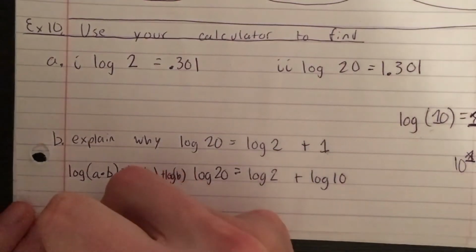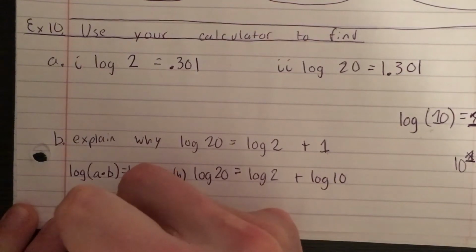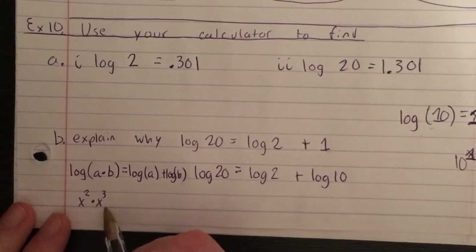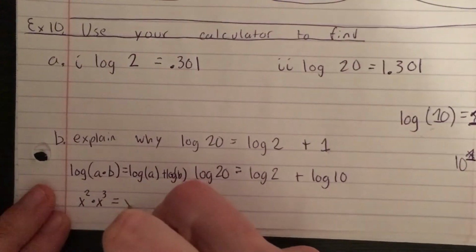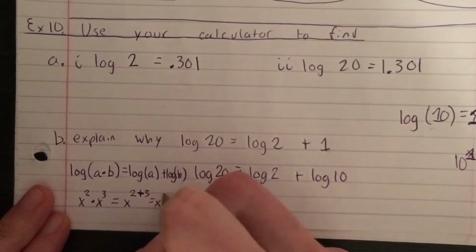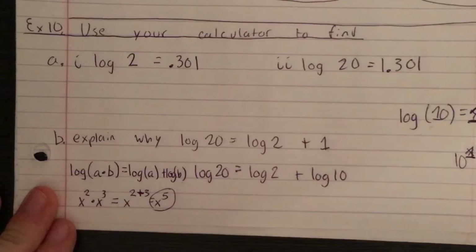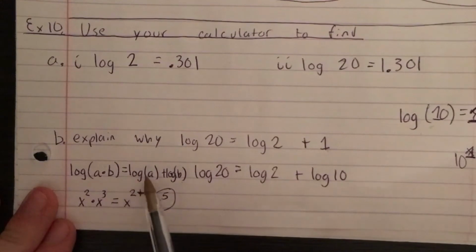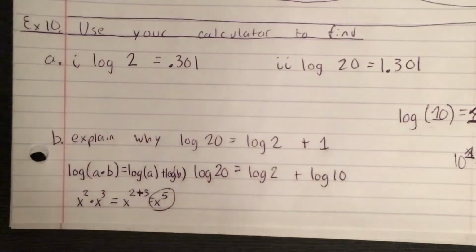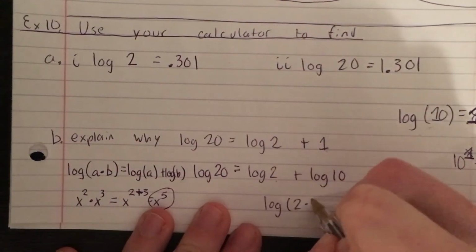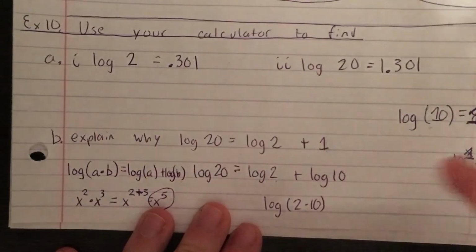Like if you think about x squared times x cubed, the way you simplify this is you rewrite the multiplication as x to the 2 plus 3, which gives us x to the 5th. Logarithms work the same way, where we've got a times b. We can rewrite that as separate logarithm addition. So the log of 2 plus the log of 10 is the same thing as the log of 2 times 10. We're condensing that.